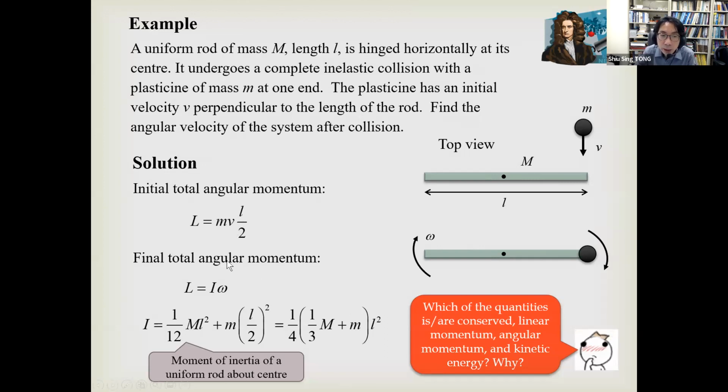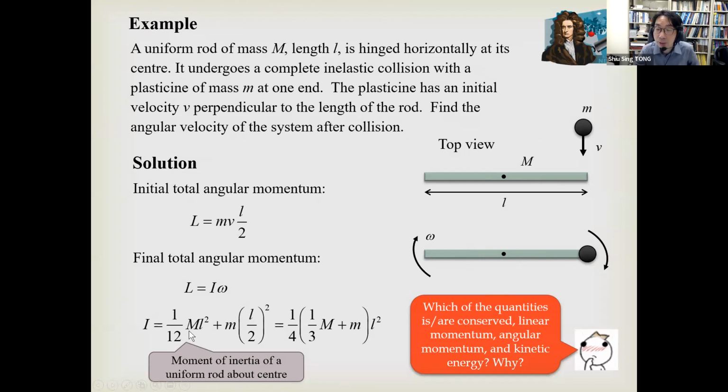Now the final total angular momentum is I omega, where I is the composite moment of inertia of the rod and also the persistent. We consider them as one body now. The moment of inertia of a uniform rod about its center, as we have calculated, is 1 over 12 m l squared. You can go back to your lecture notes on this.